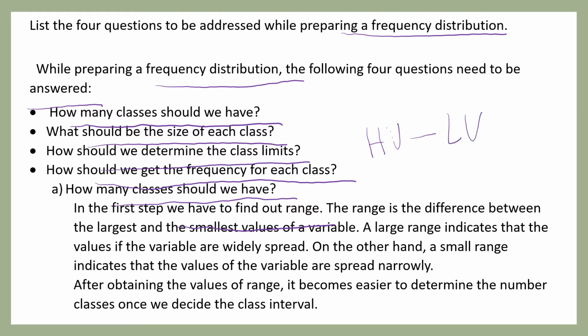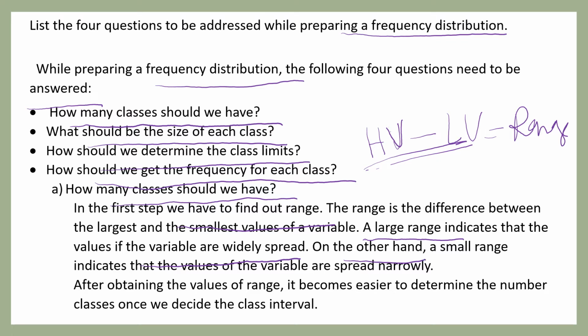If you take the difference of these two, you get the range. After finding the range, if we have a large range, then it indicates that the values in the observation varied widely or are spread widely.